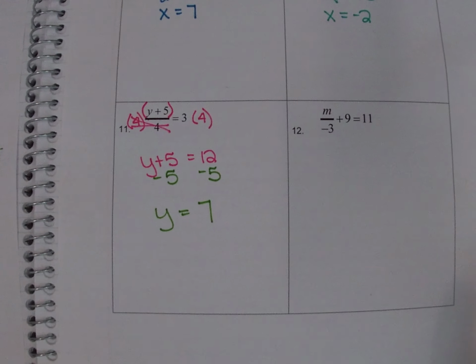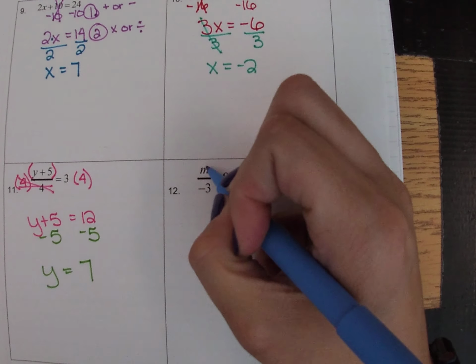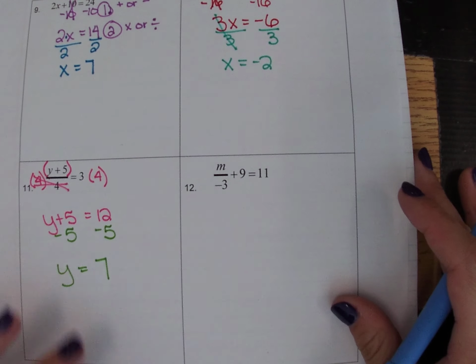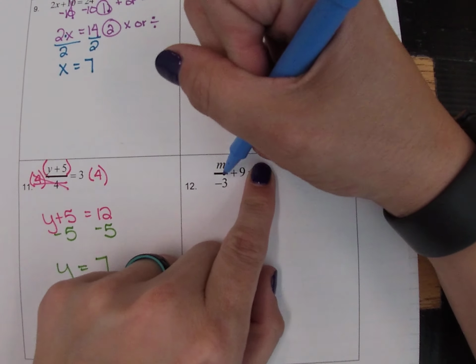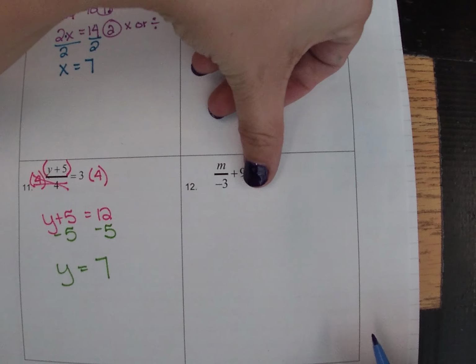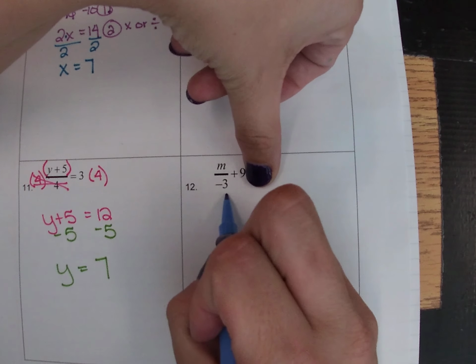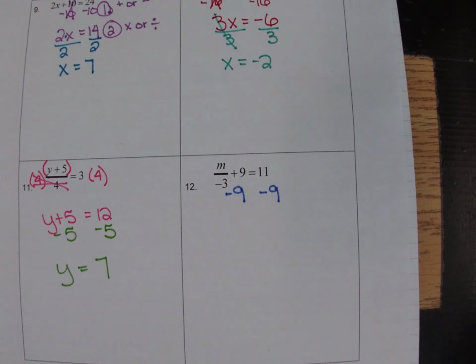And then finally on our last problem, again, even if we say there's a fraction, there's only one thing sitting on top, so those parentheses don't really matter. So we're going to undo addition and subtraction first. This negative 3 is held on with division. The 9 is held on with addition. We undo addition with subtraction, and whatever we do to one side, we have to do to the other.